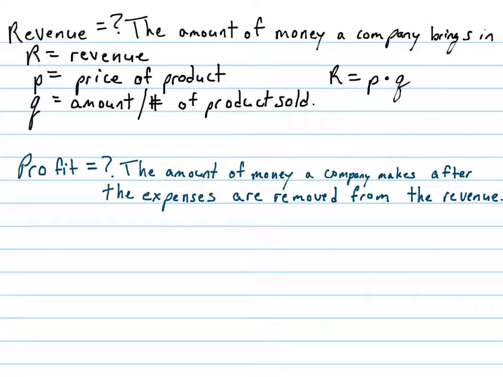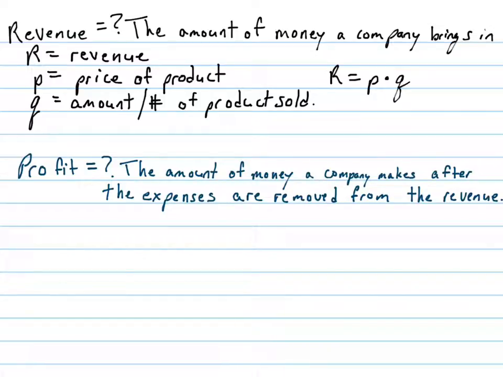After the cost of paying for my employees, my machines, the electricity, all that, right? I subtract those expenses from the revenue. The revenue is the amount of money generated from selling my product. And then that'll give me my profit, which is how much money I actually make. And oftentimes when companies and businesses start, their profit is negative. That's not good, but that's kind of how we start.